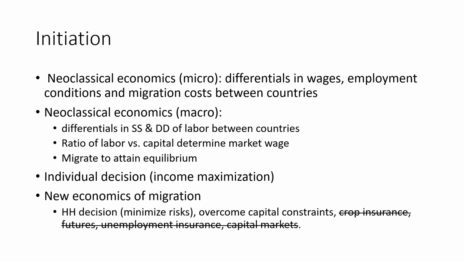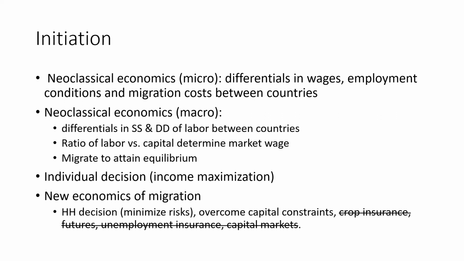And because of that, for the same reasons, they may decide to send one or more family members abroad, just in case somebody back home is unemployed, so that due to whatever reason, they still have a source of income.